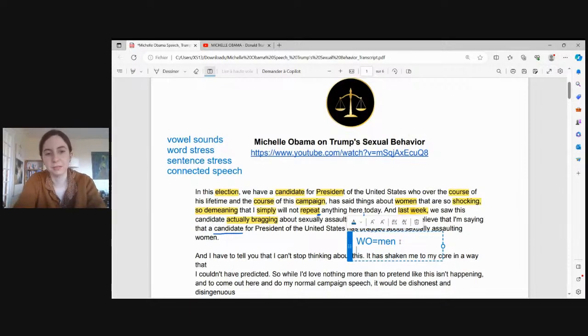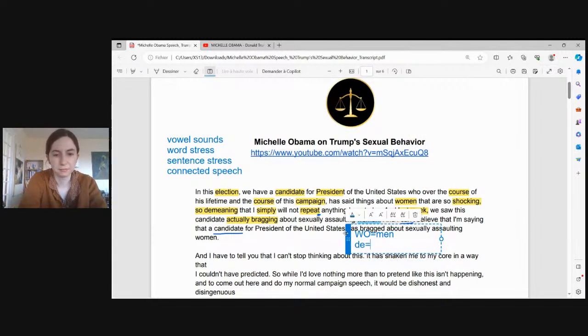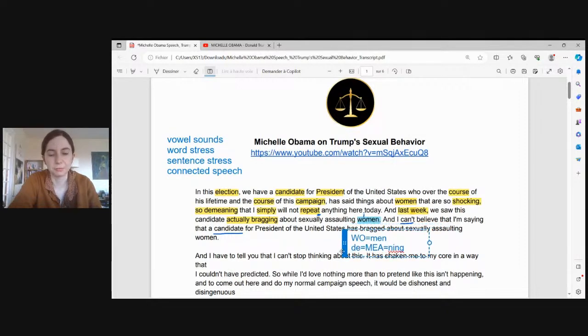I think it's definitely on the second syllable, demeaning. And I will write it like that. That's how I will take notes to show that the stress is on the second syllable of the word.